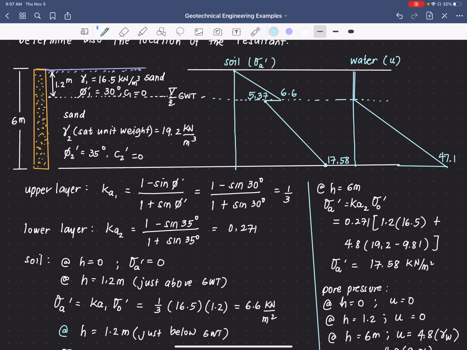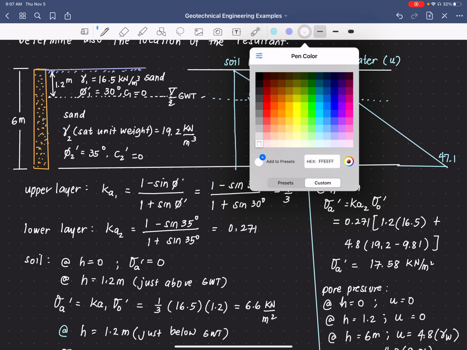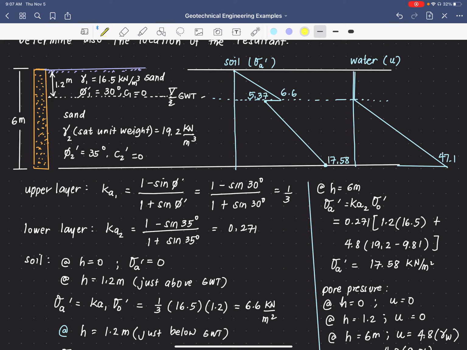Now that we already have the pressure diagram, we can actually locate or get the pressure force, or the active force, and we can divide this into two sections.